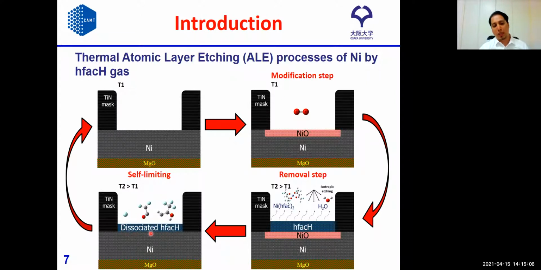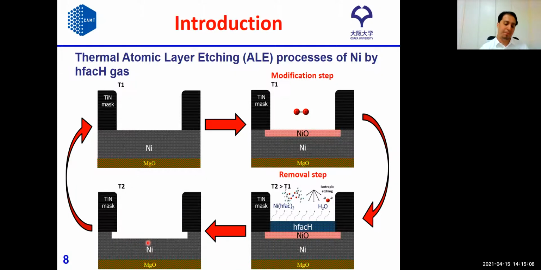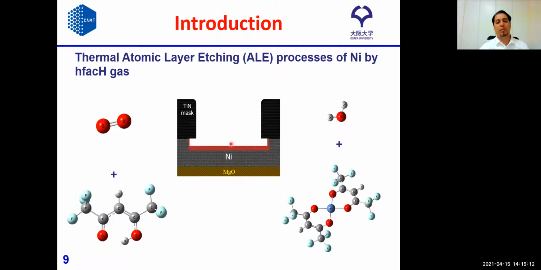If we want to keep etching this surface, we need to repeat the oxidizing step, followed by exposure to the etchant gas and increasing the temperature to remove the oxygen atoms by H2O and the metal atoms by the nickel complex, as you can see here.